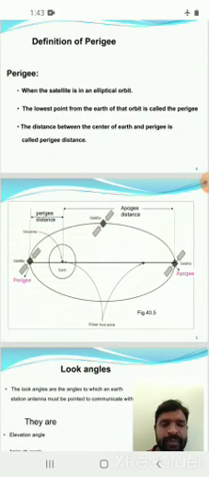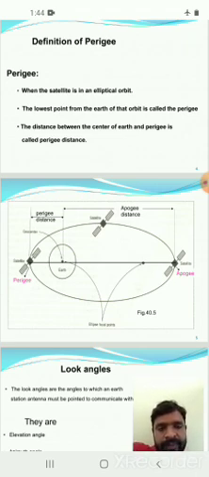Here the diagram shows, if we take the earth at the center and the orbit is elliptical, the satellite is rotating around the earth in these elliptical orbits.